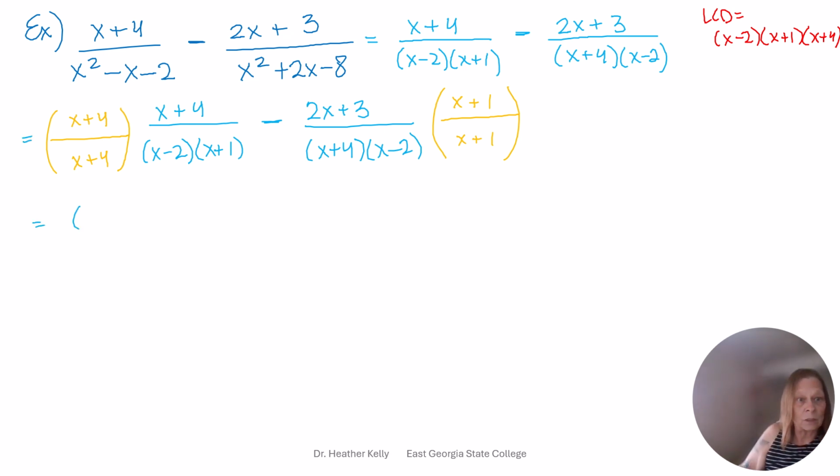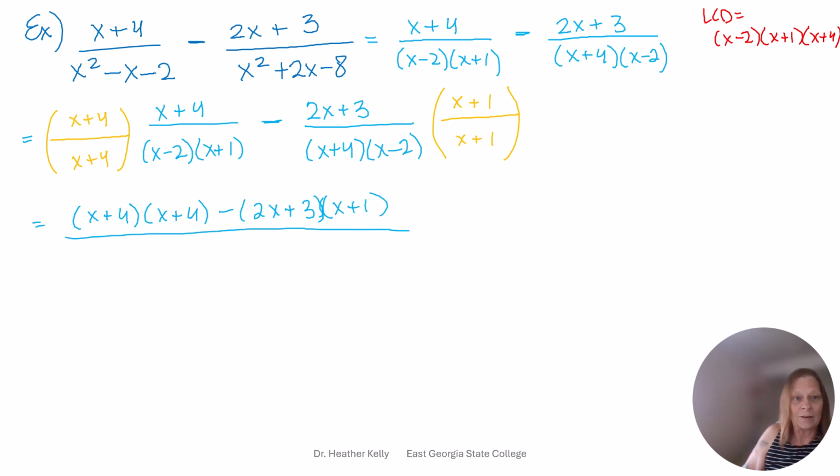Now, this leaves us with x plus 4 times x plus 4, minus 2x plus 3, oops, that was a bad one, times x plus 1, all over one common denominator, x plus 4, x minus 2, x plus 1.